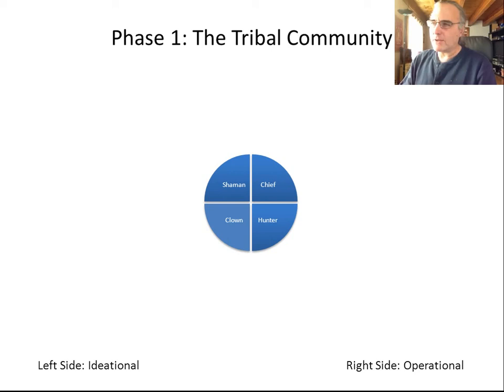Well, in the tribal community they did, but as we're going to see in agricultural and then in later industrial society, all of the people do not have to do what the common person in the bottom right-hand quadrant does. The tribe, the chief, the shaman, and the clown have to join in on the hunt. In agricultural society, people who have specializations don't have to do what the common person does.